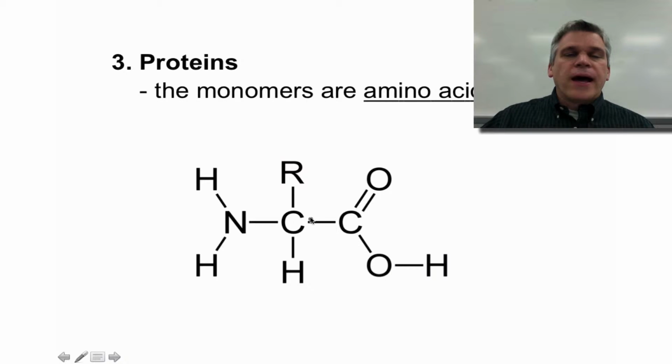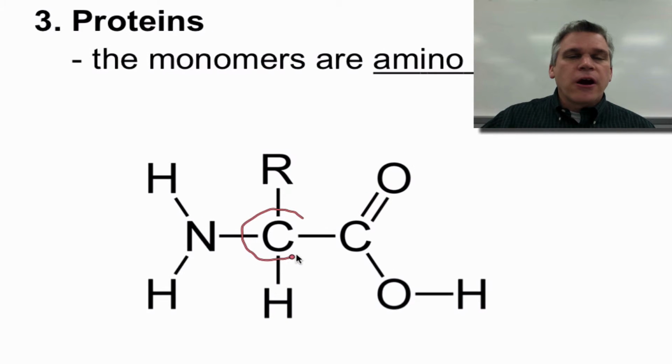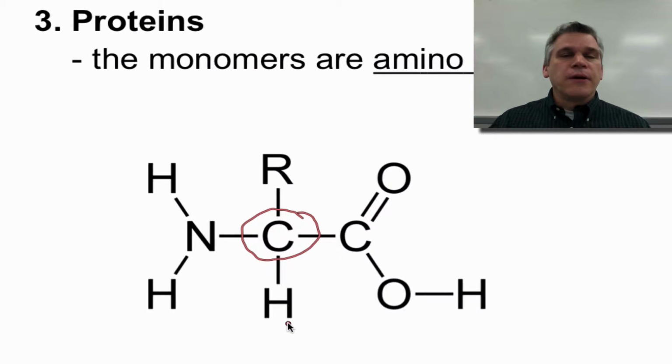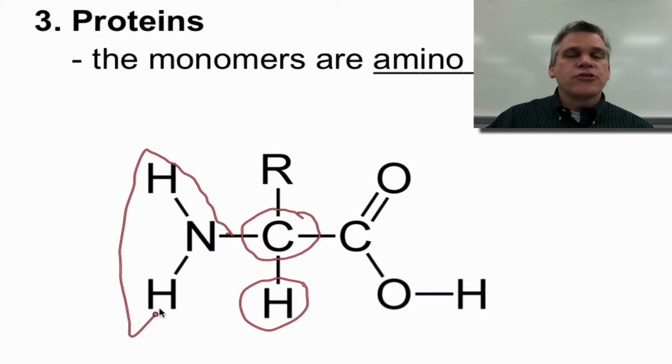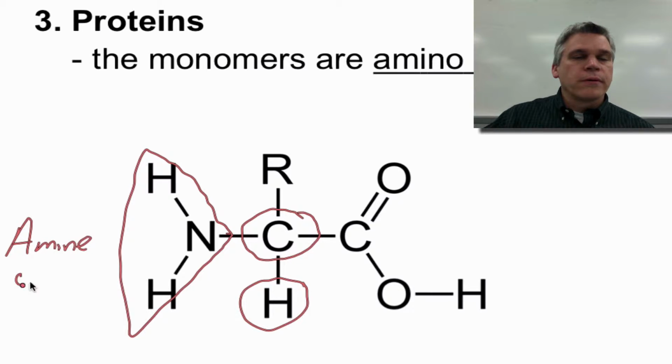First of all, there is a centralized carbon atom in all amino acids. Off of that carbon atom, there is a hydrogen. Off that centralized carbon atom, there is an NH2 group. All right, this is what's known as an amine group, the NH2.